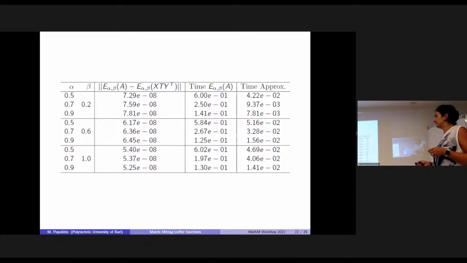Here we have the time to compute the full matrix, the Mittag-Leffler of the original matrix A, while here this time actually takes into account the time to compute the Scalar approximation and the time to compute the Mittag-Leffler of the small term. And you see that you always have one order of magnitude in saving, and in some cases we have two orders of magnitude in the difference.